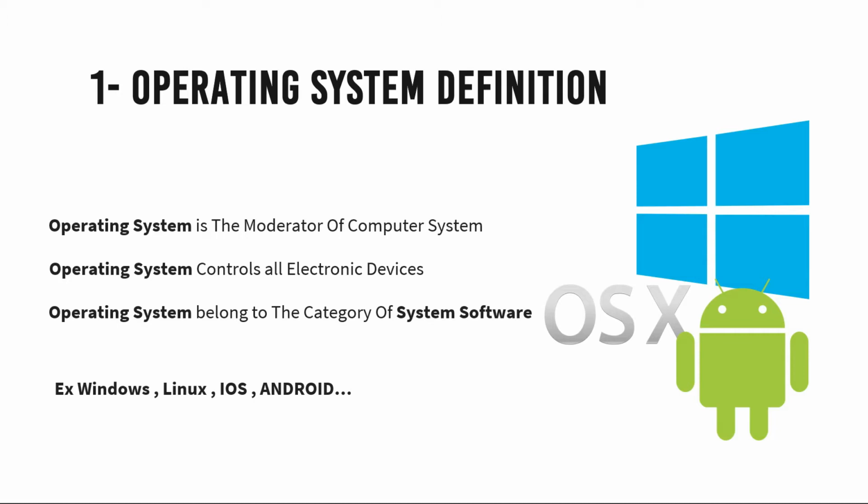And it belongs to a category of system softwares. We have two categories in software. We have application softwares. These are what we use on a daily basis, such as social media applications or word processor or anything like these applications that we use. And another category is system softwares.